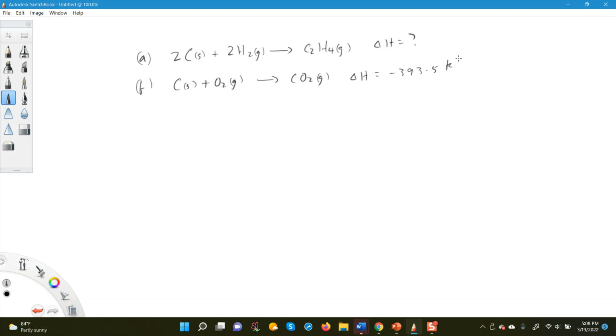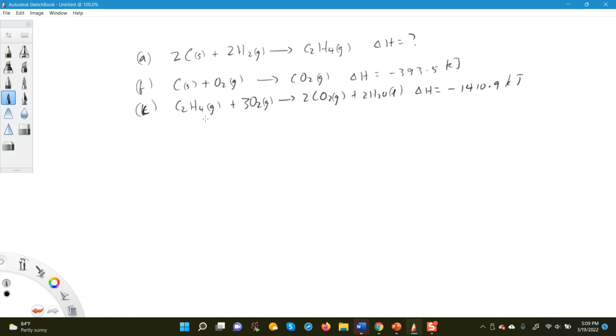And then in the case of reaction C, the equation is C2H4 gas plus 3O2 gas to give 2CO2 gas plus 2H2O liquid, and delta H for that is equal to minus 1410.9 kilojoules.